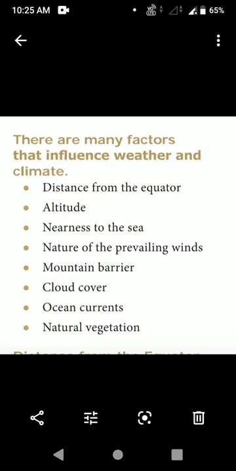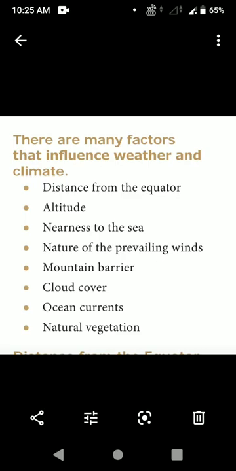Next, during the night time, the land cools more rapidly than the ocean. Cold air shrinks and forms high pressure. The wind blows from land to sea during the night. This is called a land breeze. This is a very, very important question: what is called a land breeze and what is called a sea breeze?